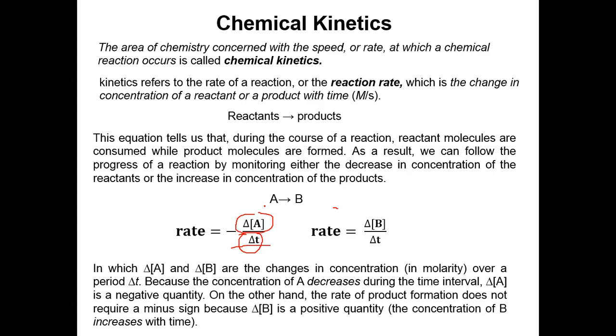Say we have A, which transforms to B, it means that we have delta A over delta T. This rate and this rate will be exactly the same. So what is the difference? It just shows the formation of B per time, while this is the consumption of A per time, because this is the initial one, and this is the product.